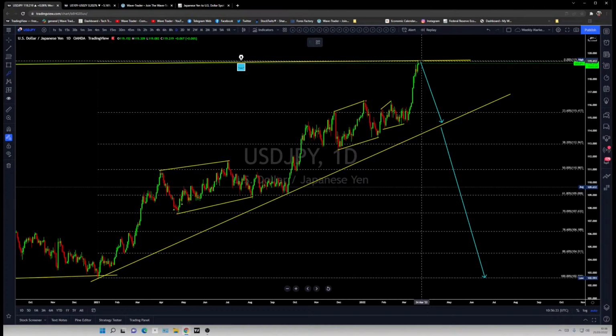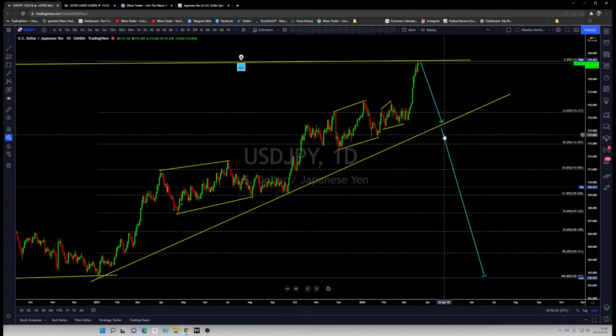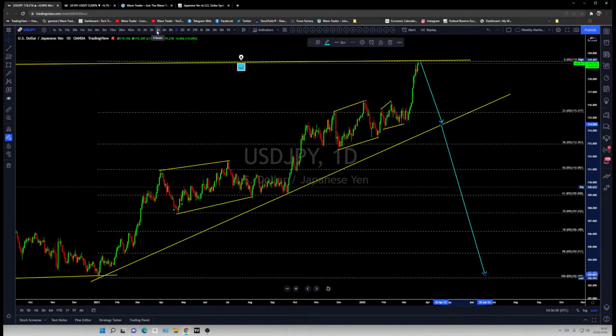That's causing the yen to stay weaker, while the other safe havens are surging: gold, silver, and other metals are surging, and yen is just falling, going against the market right now. But the weaker the yen gets, the bigger the potential will be over time for the longer term.